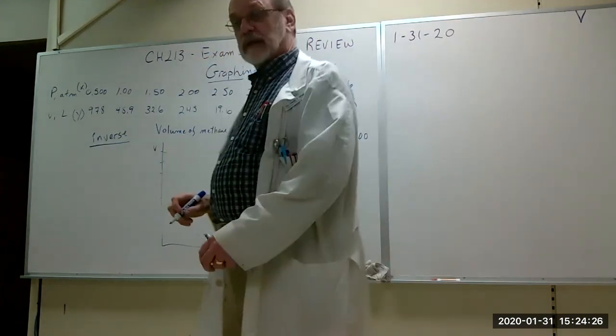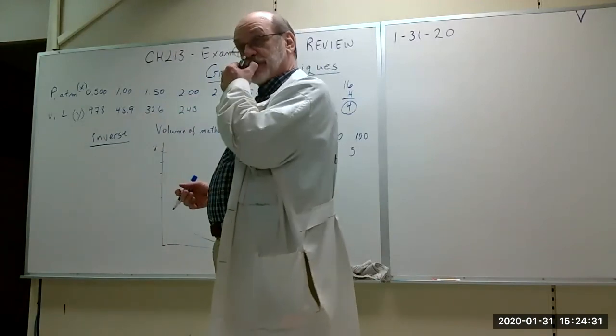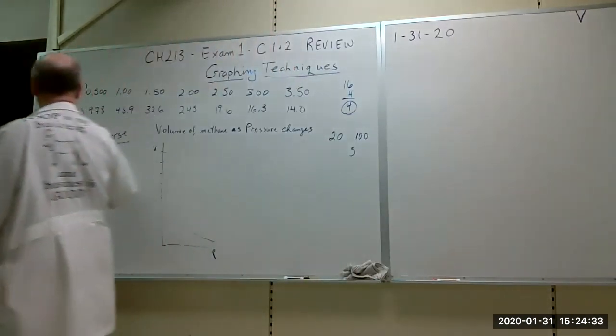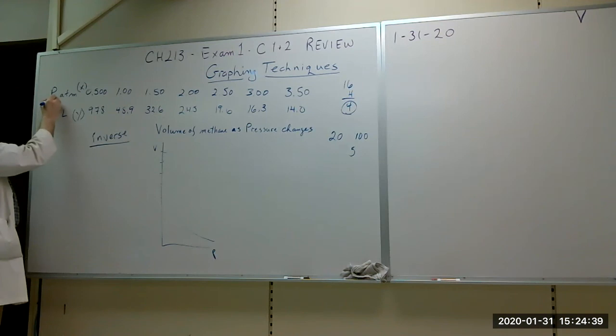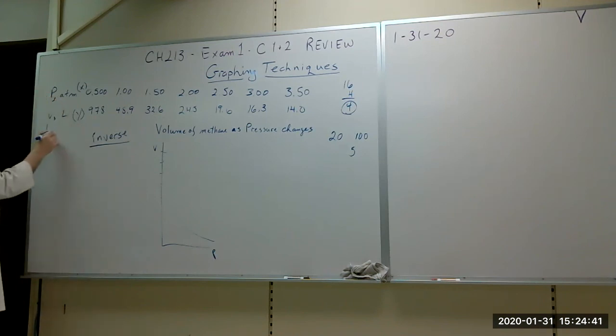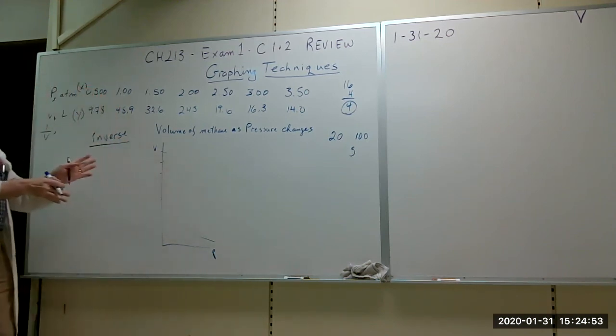So then the next step that's called for in here is do the transformation. Just go through and take each one of these values and do the inverse. And do the inverse of these numbers, right? And they'll be small decimal numbers. And then you plot, do the same thing all over again.